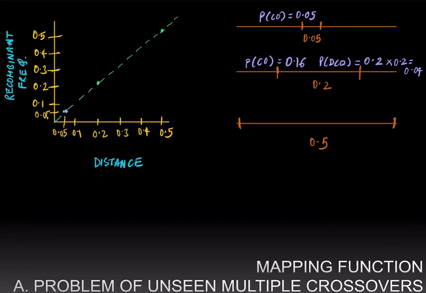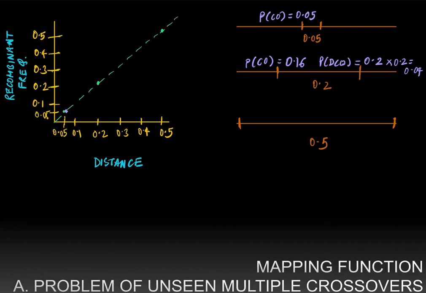And therefore, a corrected crossover probability is going to be 0.16. Now, this is not entirely accurate, because even though we are taking into account double crossovers, triple and quadruple and even more crossovers are possible. However, this is a pretty good approximation, because the probability of triple crossovers is going to be 0.2 cubed, or 0.008.